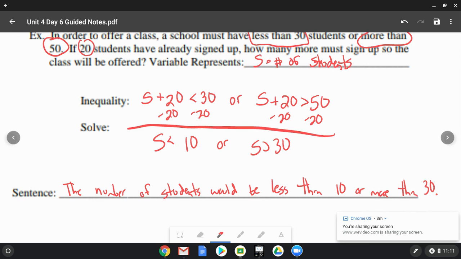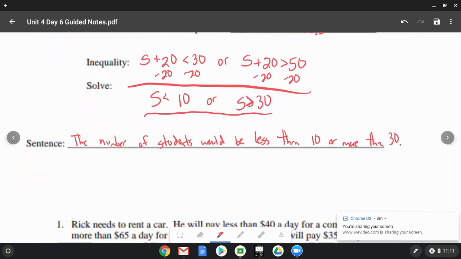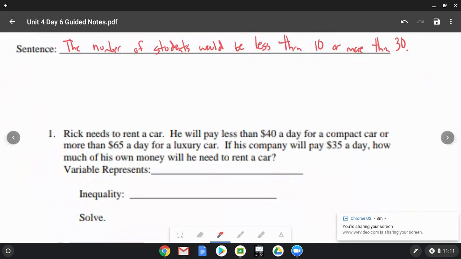So something simple. That's just what I see right here, right? I just described that. Students less than 10 or students greater than 30. That's a greater than sign. So that's how they're all going to be set up. Almost the same basic setup over and over again.